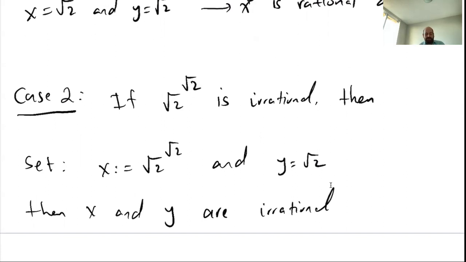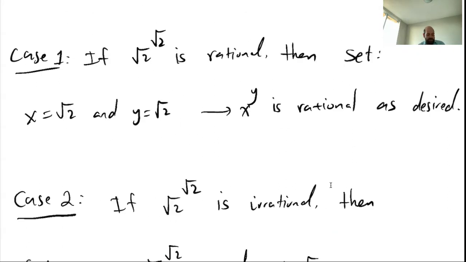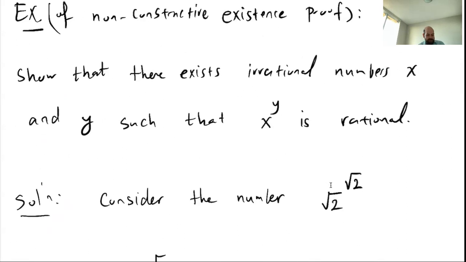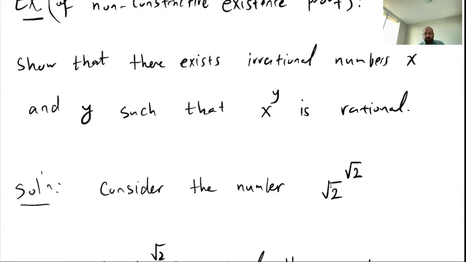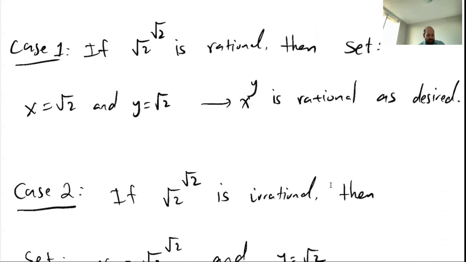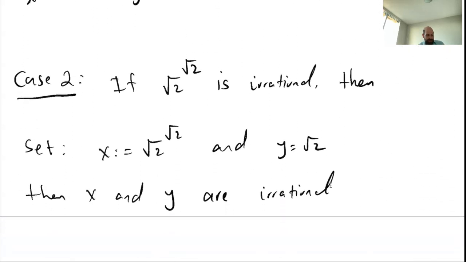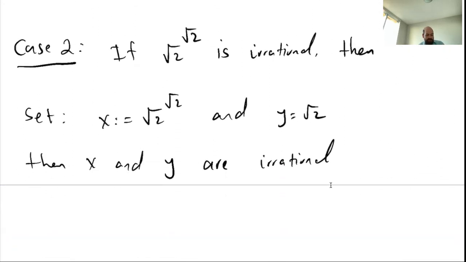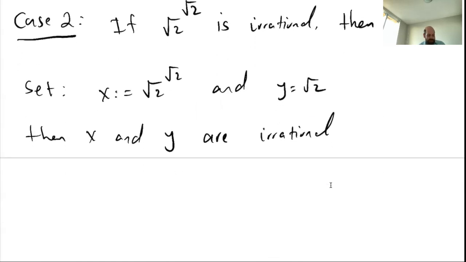Because in possibility two, I'm assuming that √2 to the power √2 is irrational. Therefore, I'm allowed to set x to be this number. Remember, my x and y are supposed to be irrational, and x to the power y has to be rational. Well, if this number is irrational, I'm allowed to set x to be this number. Y, I can set it to be √2. Then both x and y are irrational.